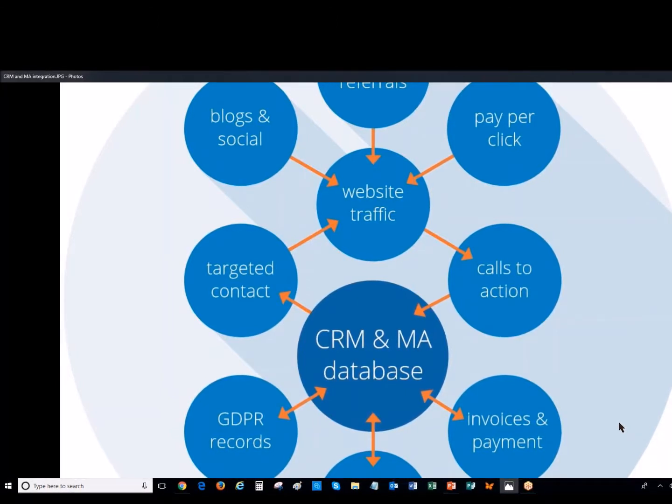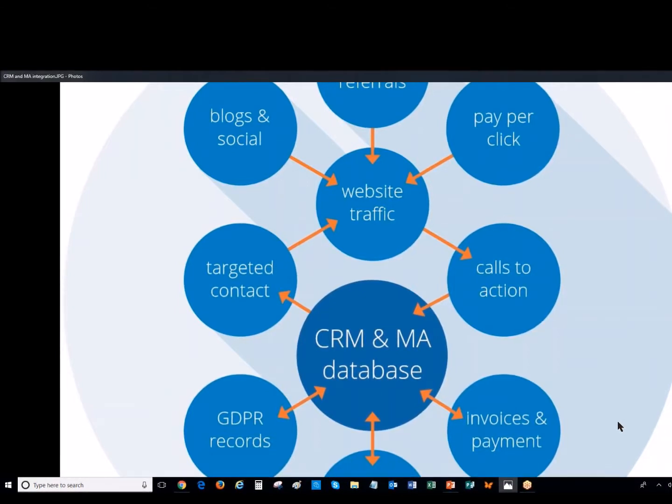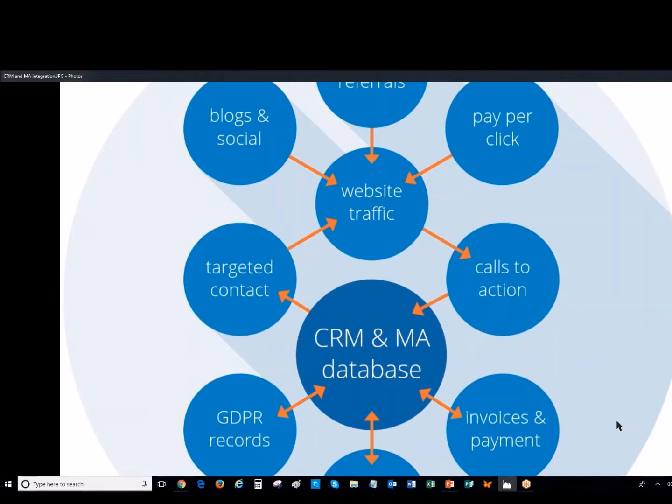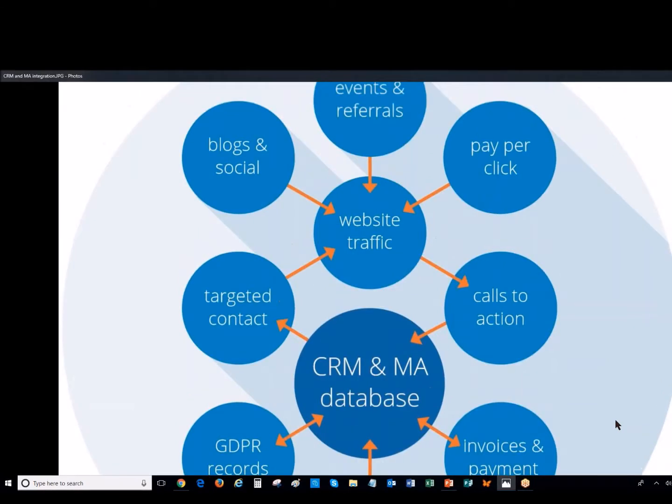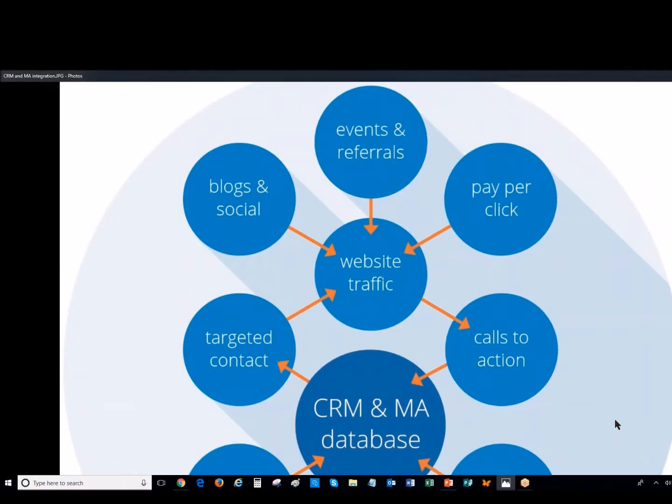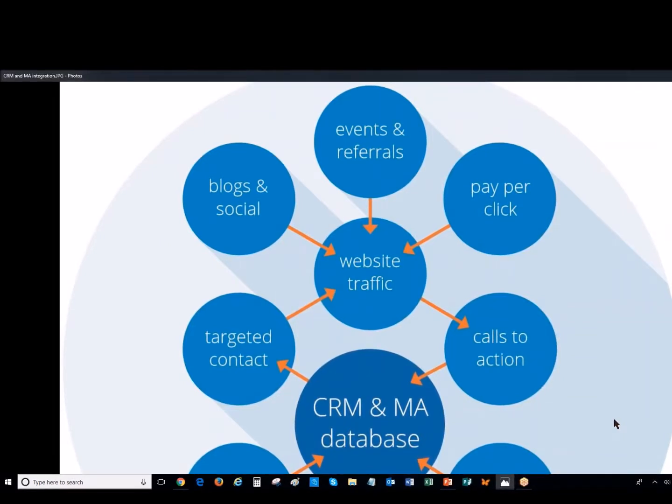Now, from time to time, you will push information back out, and on the left-hand side of this diagram, we have the bubble saying targeted content. This works in two different ways, where your inbound marketing activities or your events and referrals have led people to become accounts and contacts within your CRM database.